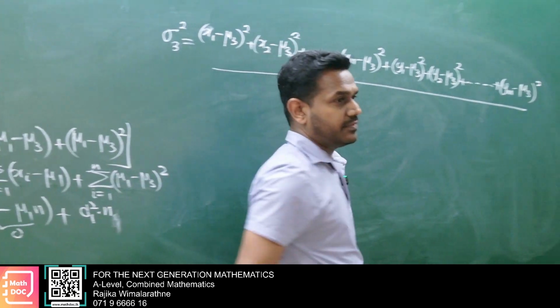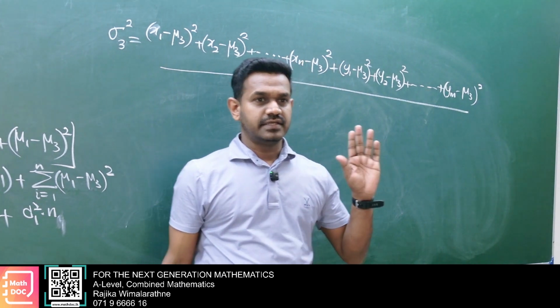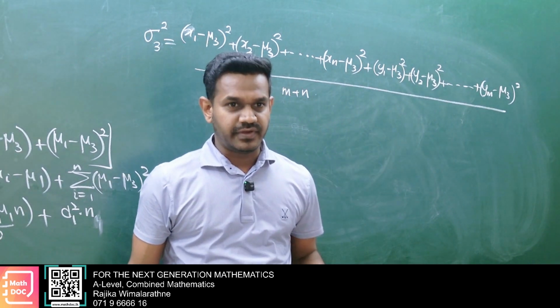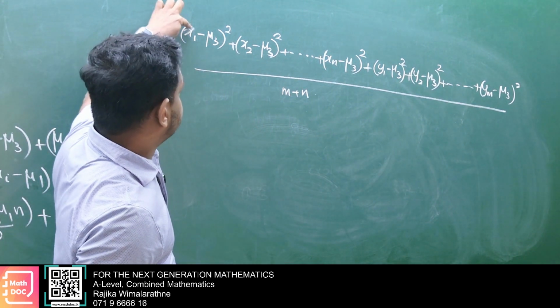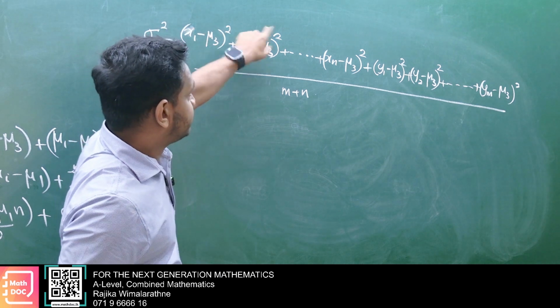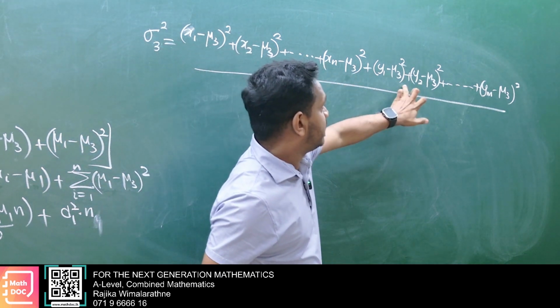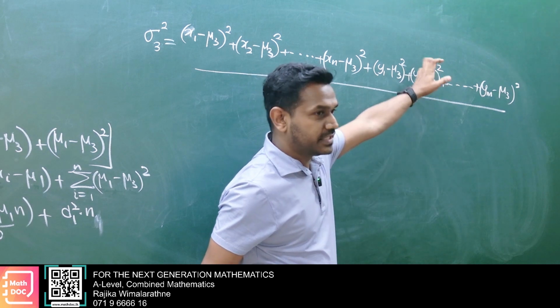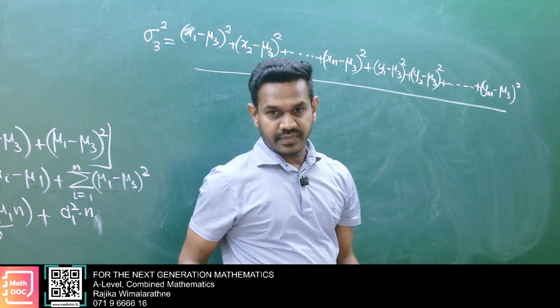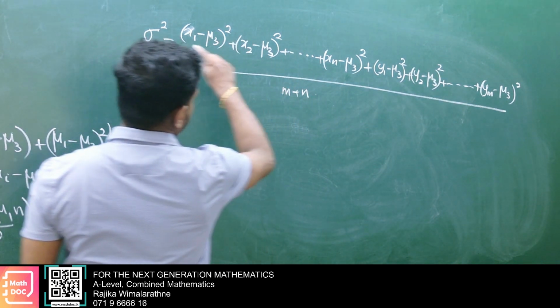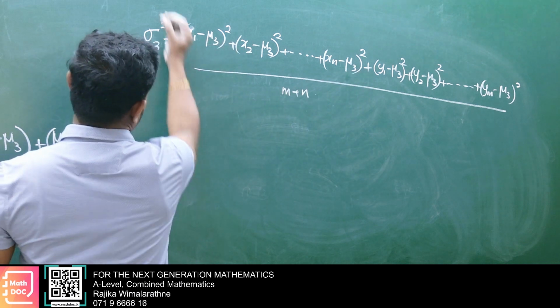This is the pooled variance formula, sigma3 squared. Then we can compress this part.